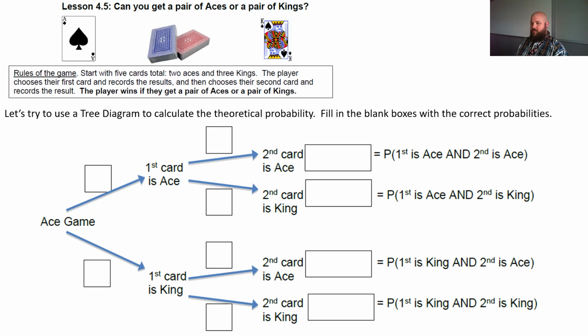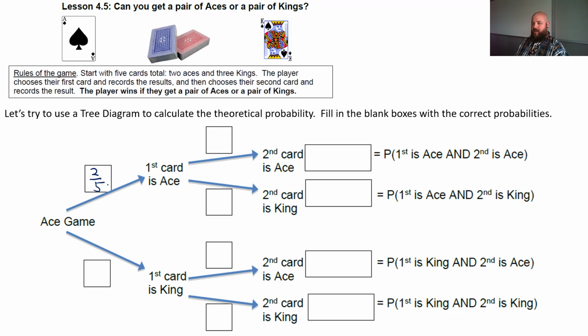So let's go with the way it's written out here. It shows that our first card is an ace up top. In other words, that's the probability of drawing an ace card. If we have 2 ace cards, what is the probability of drawing one out of 5? We're going to have 2/5.